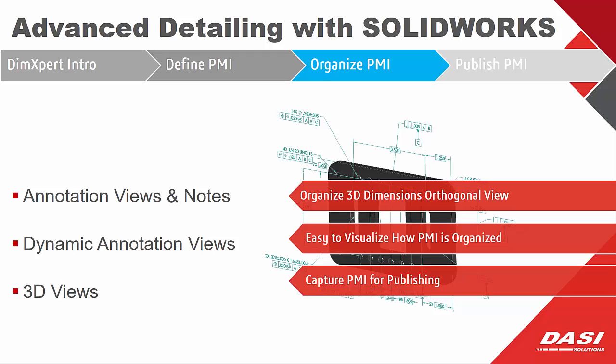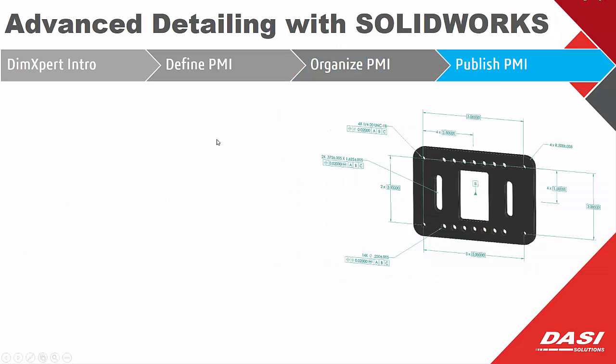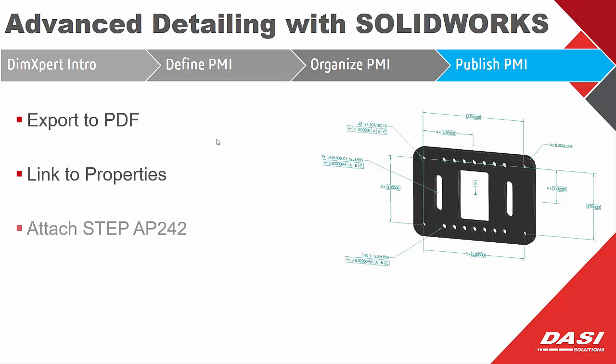And then once we get our annotation views all set up, we're going to create 3D views with SOLIDWORKS MBD to capture all that product information, manufacturing information in a format that'll be delivered to the 3D PDF. Let's move on to the next step, which is actually publishing the product manufacturing information.